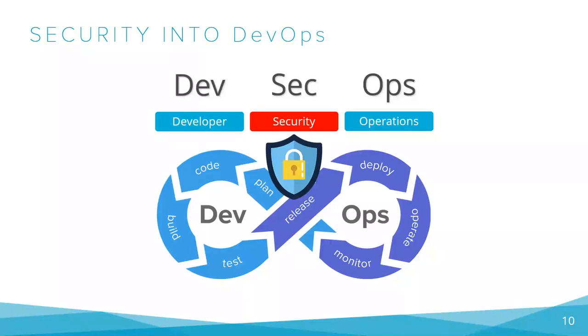The shift left testing approach means baking security into your applications from the beginning. Instead of waiting until the final stages of the delivery, the obvious advantage of doing this is that you get to identify and resolve potential vulnerabilities on time. And the earlier you find any bugs, the cheaper it will be for you to fix them.